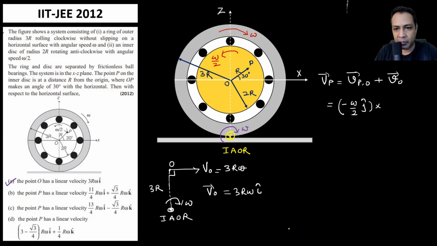Let me draw this diagram. This is the x-axis, this is the z-axis, and this is O. This is P here. The position vector of P with respect to O has length r, and this angle is 30 degrees. We can make two components of this vector r: this component is r cos 30, that is root 3 r by 2, and this component is r sin 30, that is r by 2.